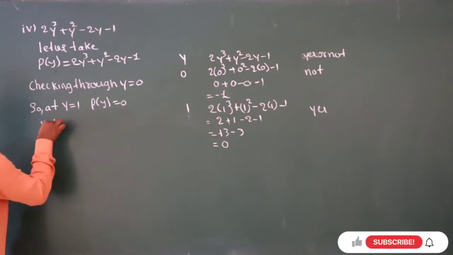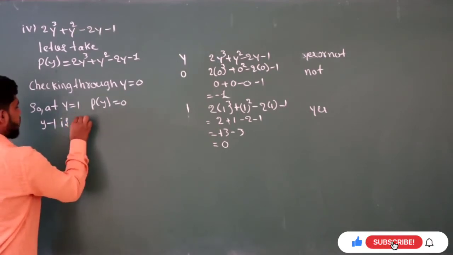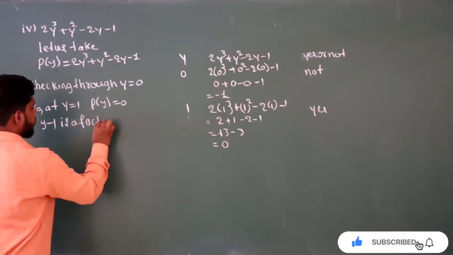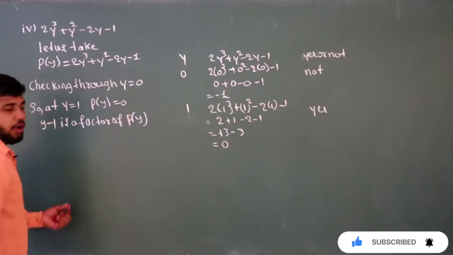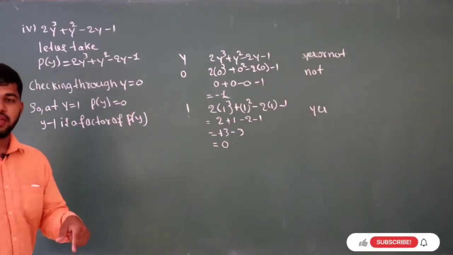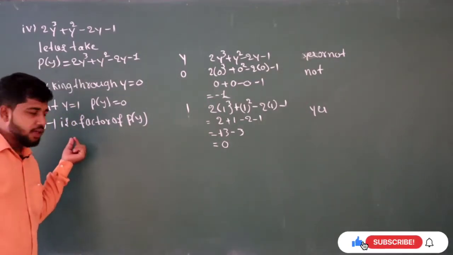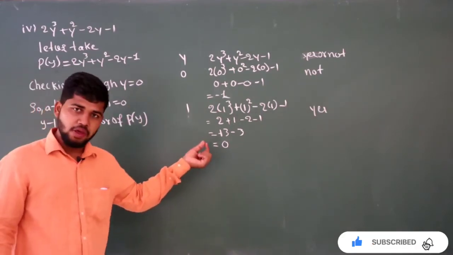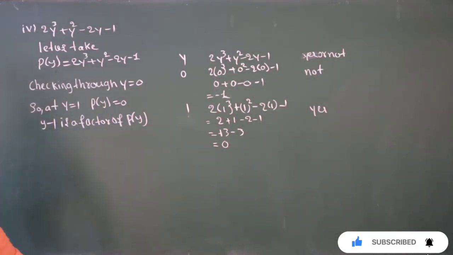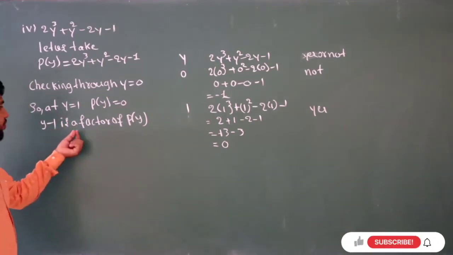Now y minus 1 is a factor of p of y. Y comes to the right hand side and becomes minus, so y minus 1 is equal to 0. Therefore, y minus 1 is a factor of p of y.